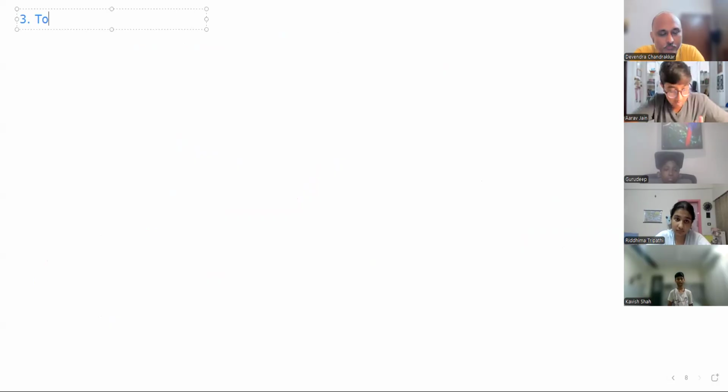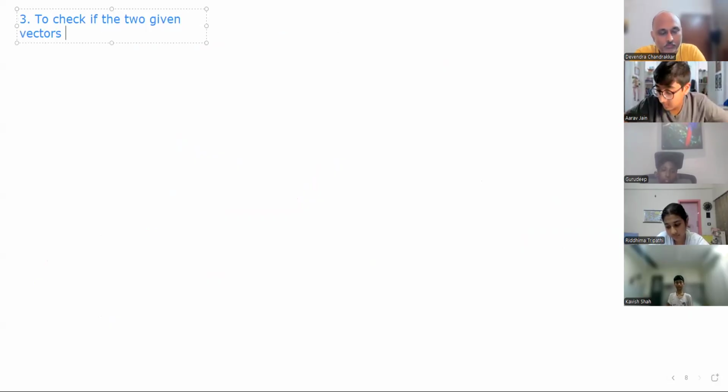Third application is to check if the two given vectors are parallel or not. ठीक है.